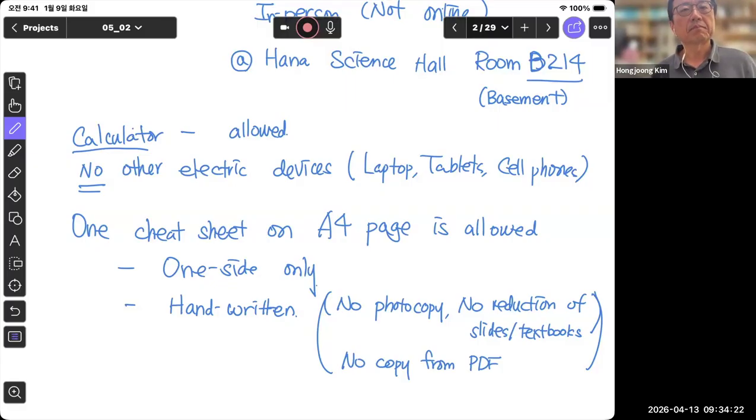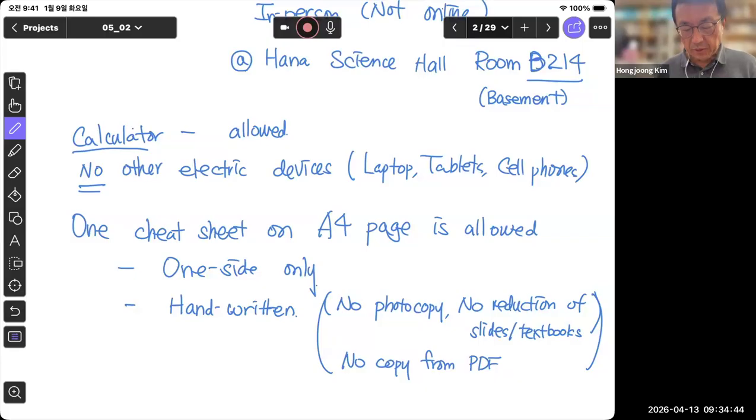If any part of the cheat sheet has some image from the textbook or slide or from certain outside material, that cheat sheet is not allowed in the exam.